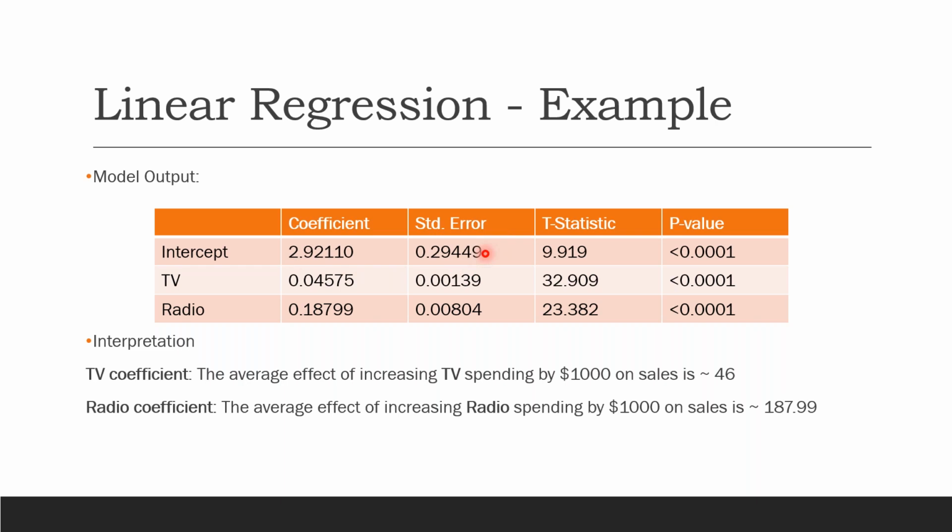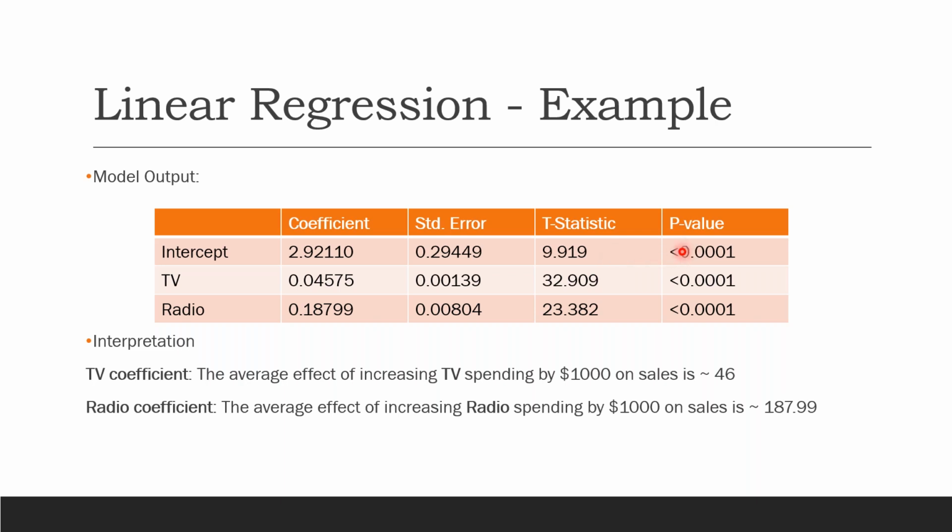If it falls on the very extreme end of the distribution, which means the probability of getting this t-statistic by random chance is very low, then the coefficient that we got for this particular variable is significant. This is where the p-value comes in. It is the probability of the t-statistic being this value or more extreme values.